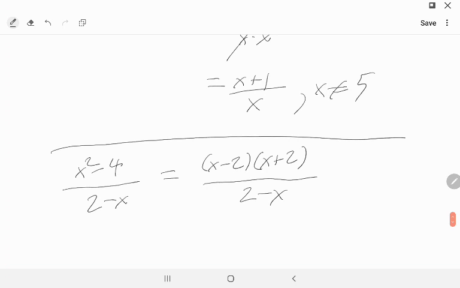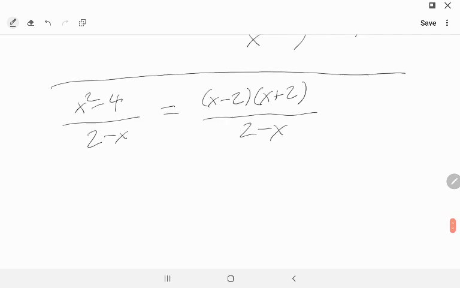But what you notice is that 2 minus x is the exact opposite of x minus 2, and so we can either eyeball it and just say, oh yeah, that's going to be negative 1 times x plus 2, or we can factor out a negative 1.